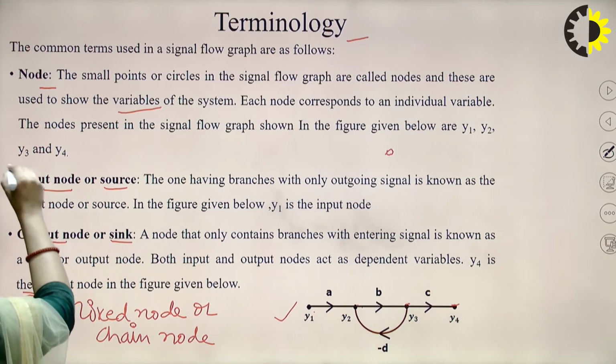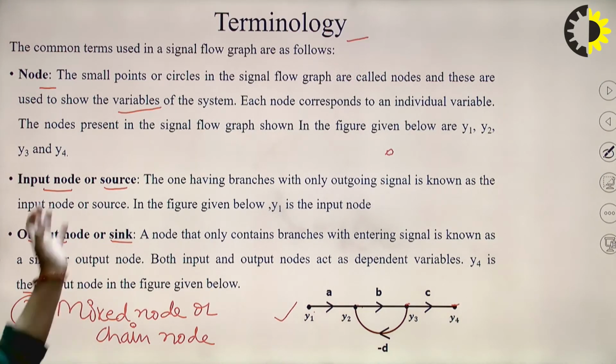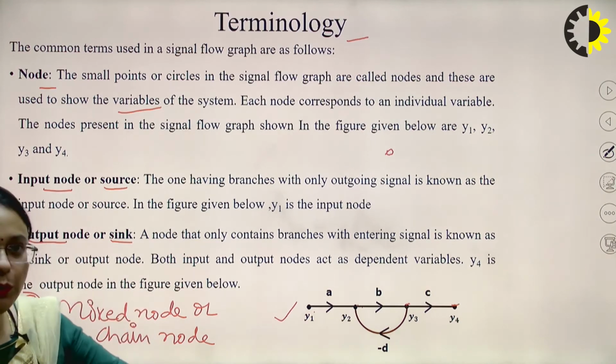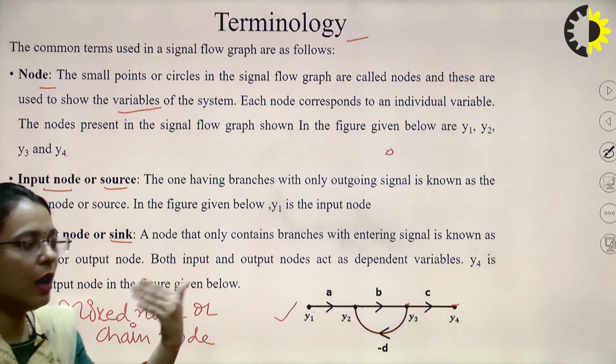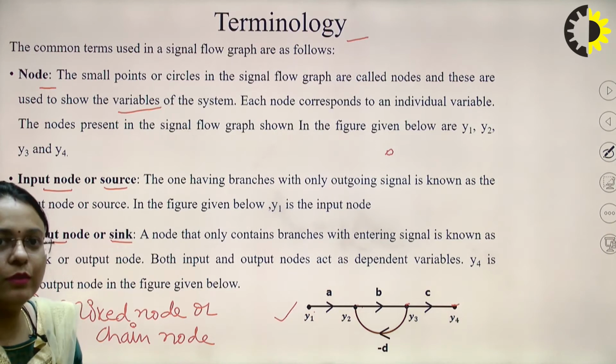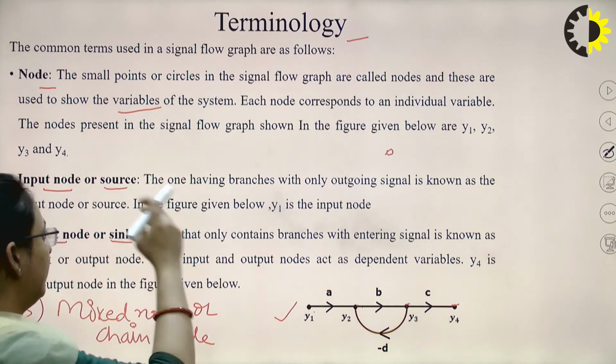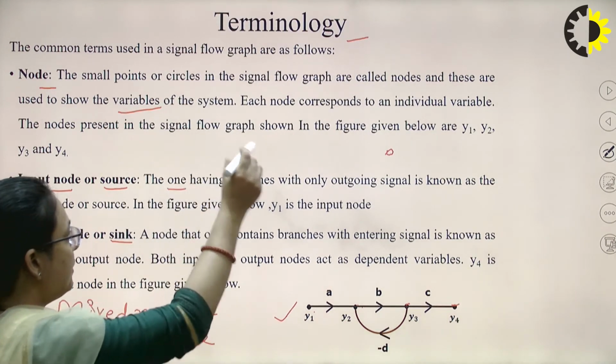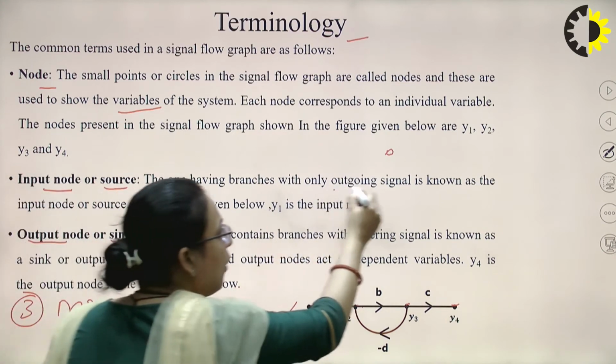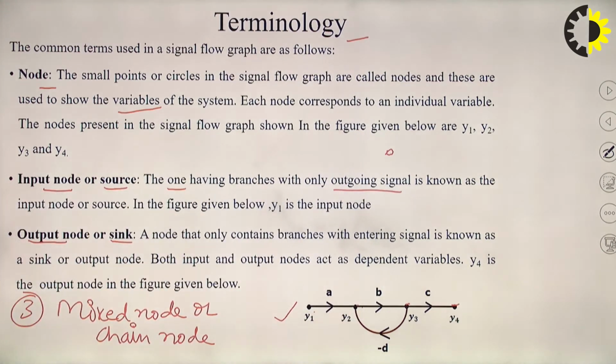So what is an input node? The node which is having only outgoing branches, with only outgoing signals, is called the input node.